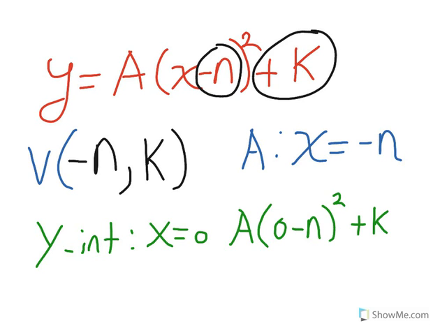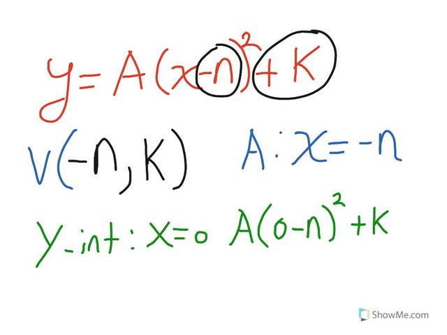Alright, from here, we're just going to go back over everything we went over today. So y is equal to ax squared plus bx plus c. This is called standard form. To find my vertex, or my axis of symmetry, the first thing we're going to find is the axis of symmetry.